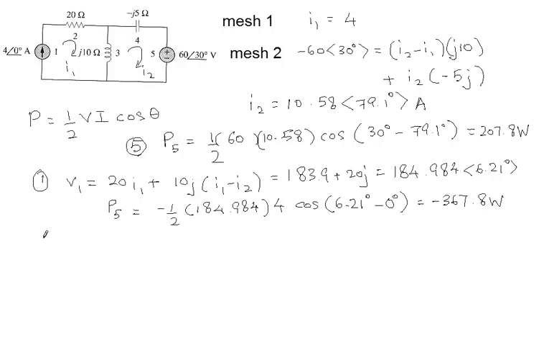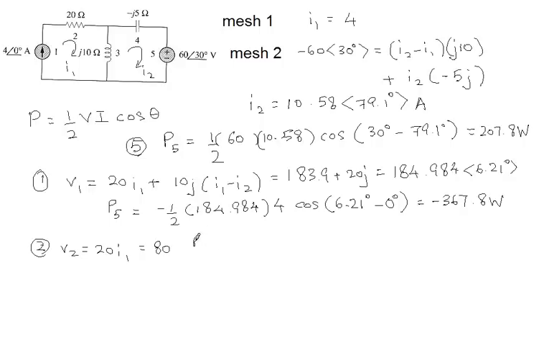For the resistor 2, V2 is equal to 20 times I1, and that will be equal to 80 volts.